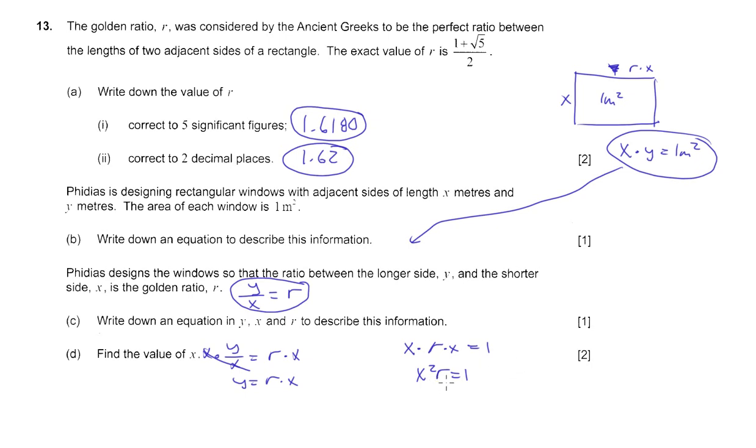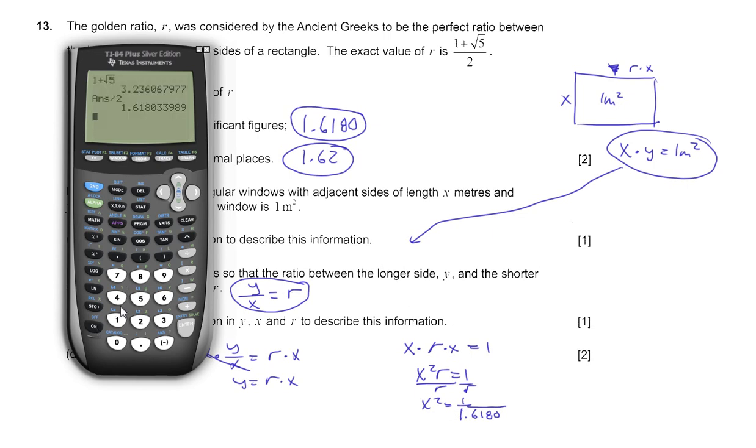So for solving for x, we know we'd have to divide both sides by r, right? So there's our x squared equals 1 over r, which is 1 over, I'm going to use the one that's a little bit more accurate here, the 1.6180, right? So we can calculate that.